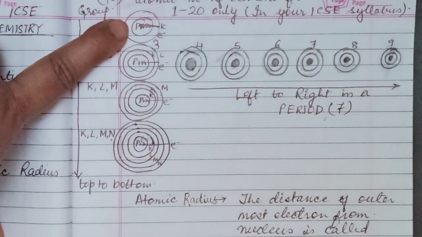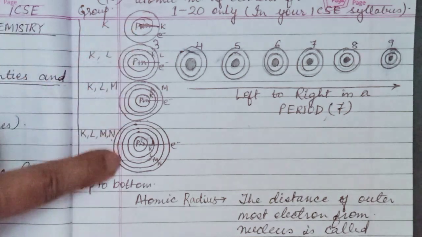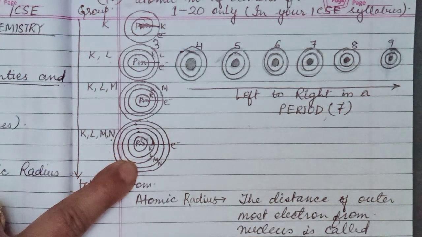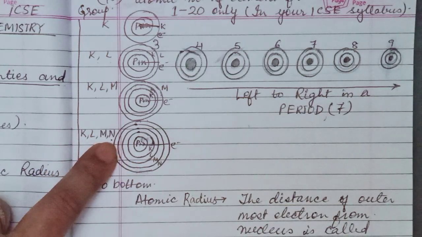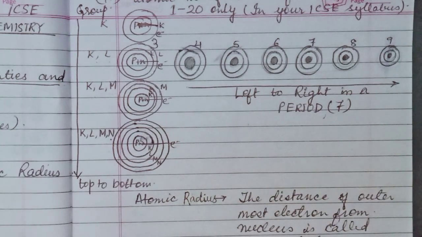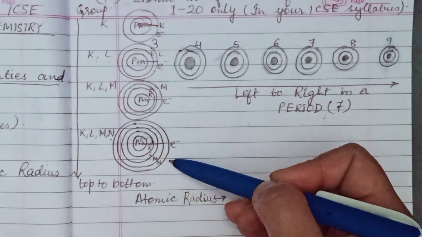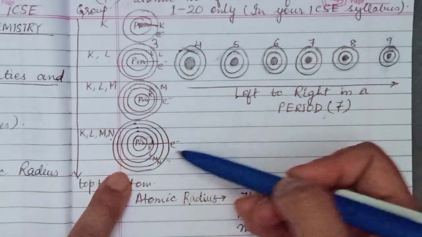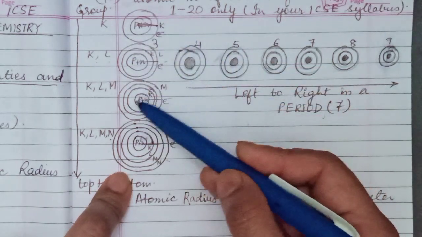Here you can say that the number of electrons is least, and here the number of electrons will be most. Why? Because here the number of shells is more. Now atomic size. You can see here, when we are moving down, the number of shells is increasing. And because of this increase in shells, the size of the atom is also increasing.